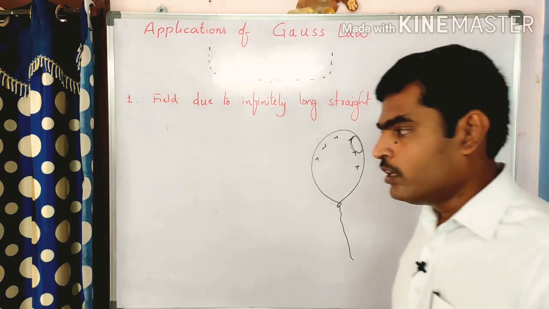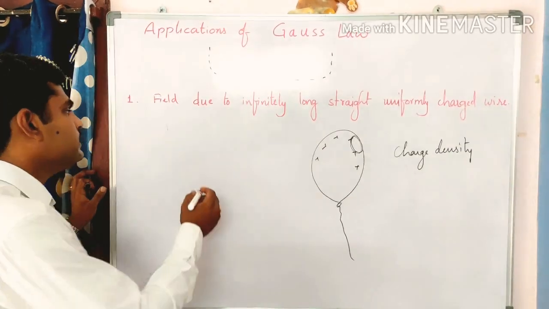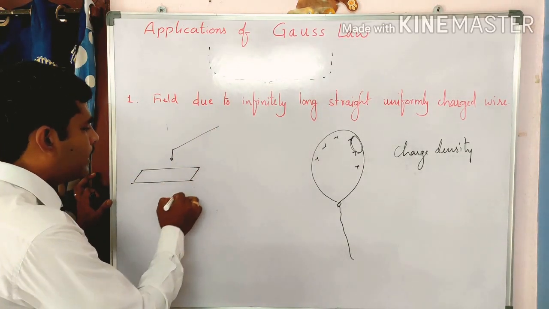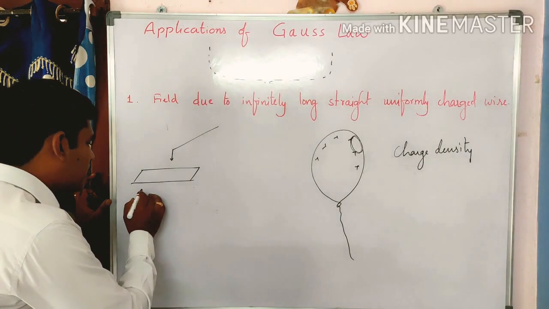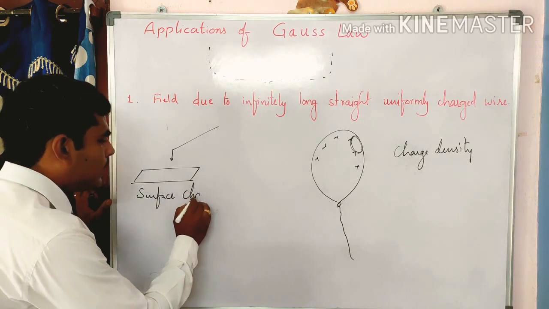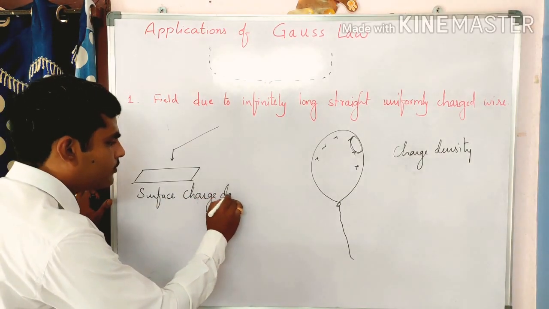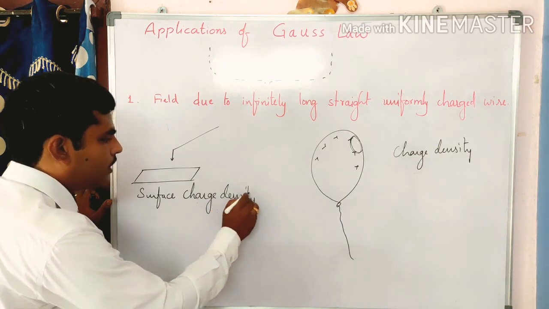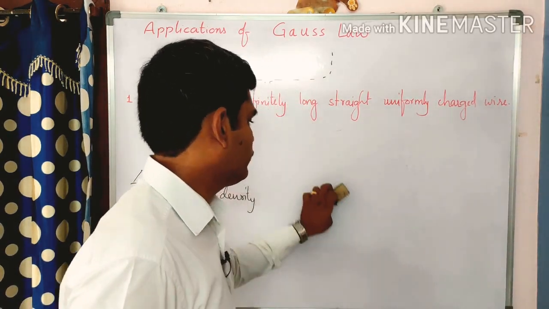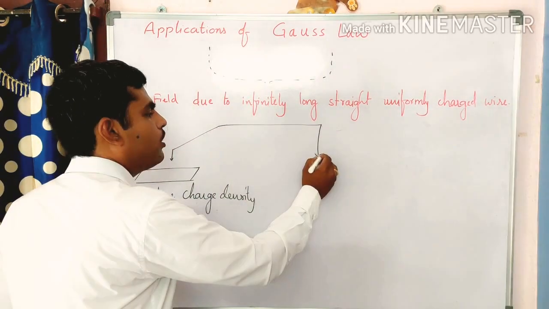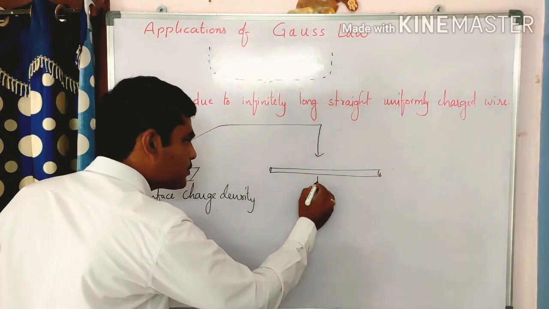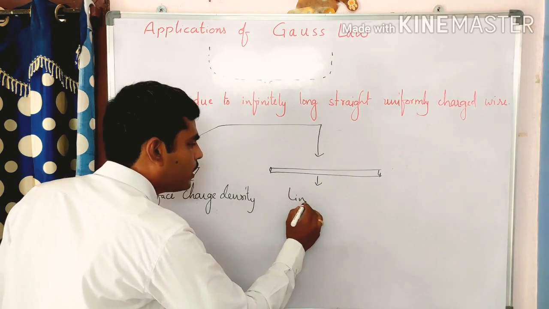Charge density is studied in three ways. If you are taking any surface, then the charge density of a surface is called the surface charge density. If you are taking a long wire, then we speak about the linear charge density.